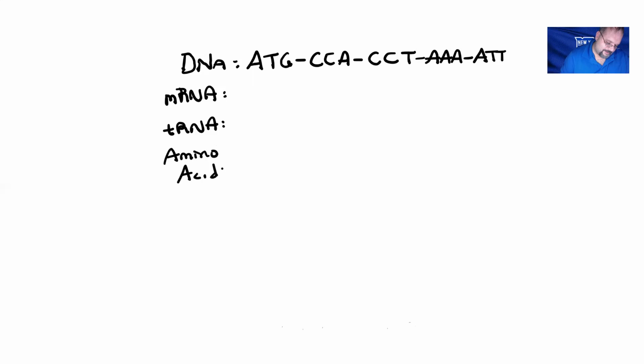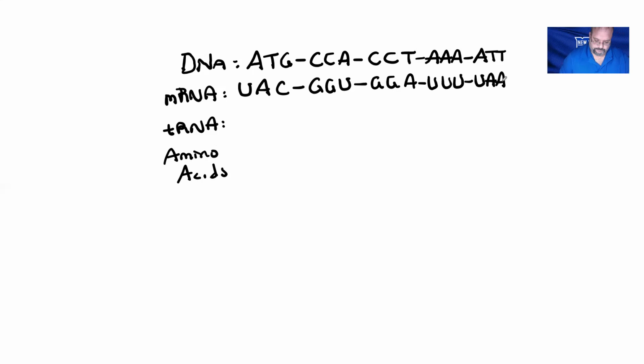All right, so we'll have, remember, DNA and messenger RNA are complements of each other. So we've got U, A, C, G, G, U, G, G, A, U, U, U, U, A, A. All right, now let's go from the messenger RNA to the transfer RNA.